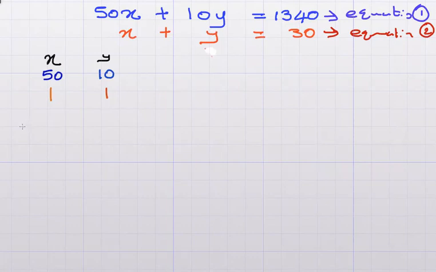How can that be done? Equation 2 to be multiplied by what? We want y to become 10y. So y times what becomes 10y? That's y times 10.